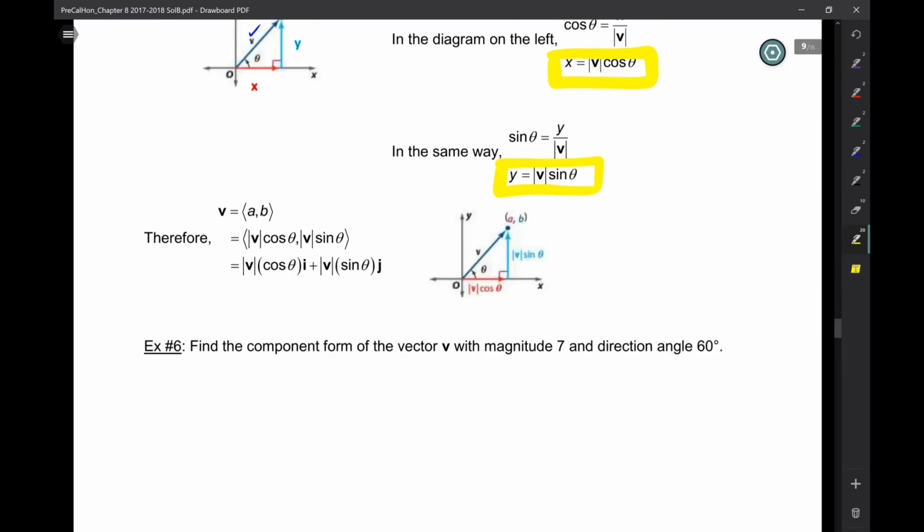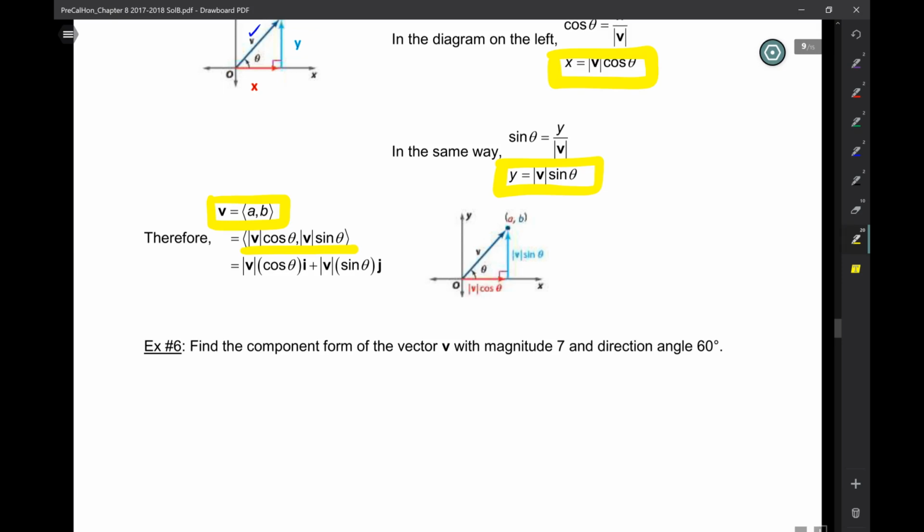Therefore, if you have a vector V written in component form, you can write it using this.